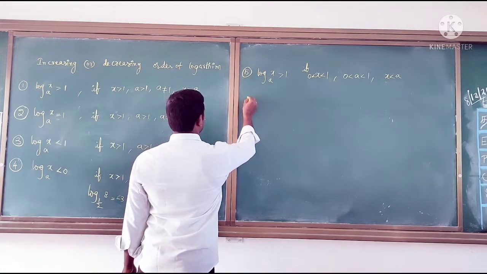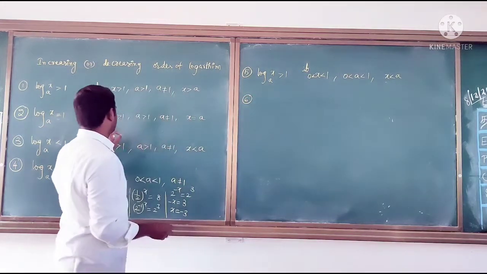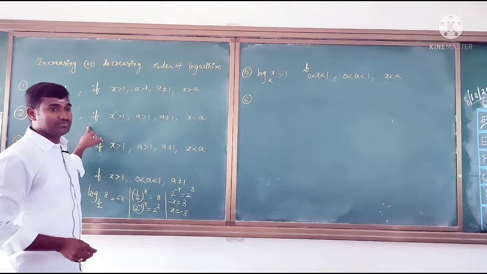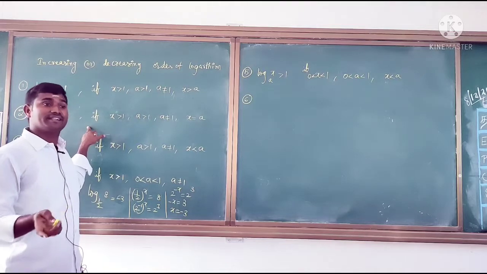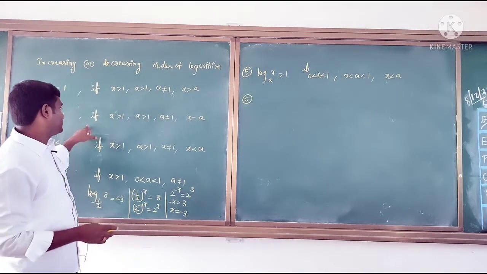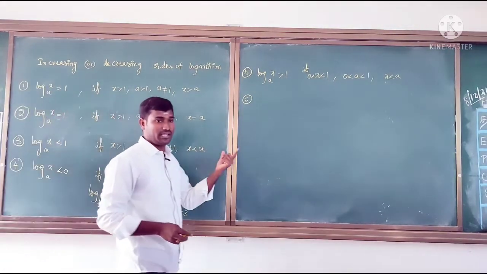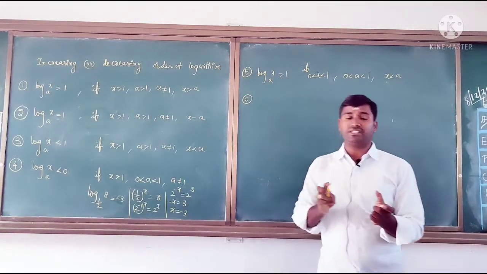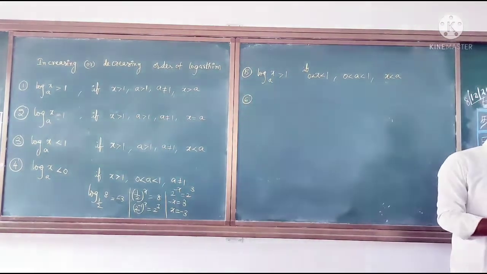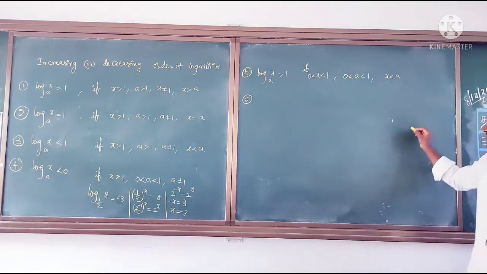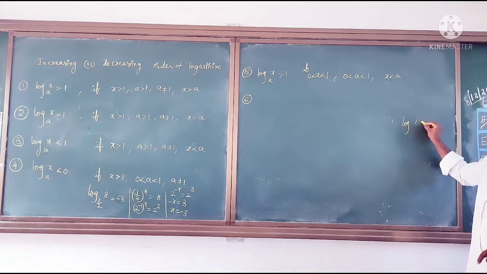The sixth condition is the same only. Whether x and a are greater than 1 with x equal to a, or x and a lie between 0 and 1 with x equal to a, we get 1 only. That means log 1 by 2 to the base 1 by 2 equals 1 only.